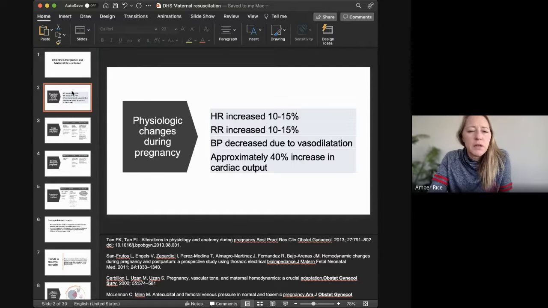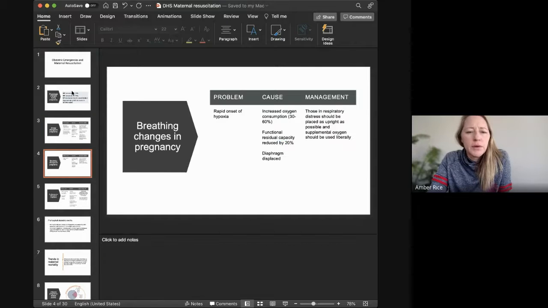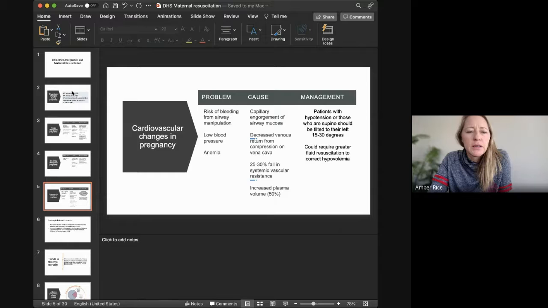So the first couple of slides have to do mostly with that. He sent me a table of changes and I broke them up by airway. There's a lot of info on here, but I think it's good. So: what airway problems you can have during pregnancy, what causes them and how you manage them. And then breathing changes, so similarly, what causes more difficulty with breathing in pregnancy and how you could manage it.